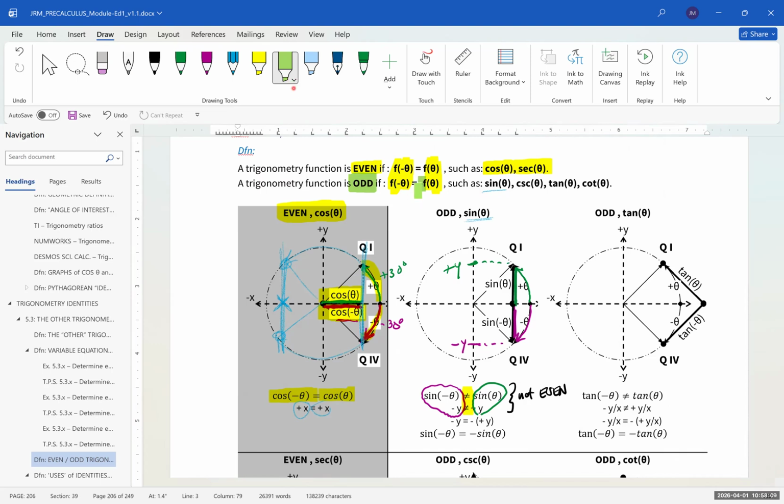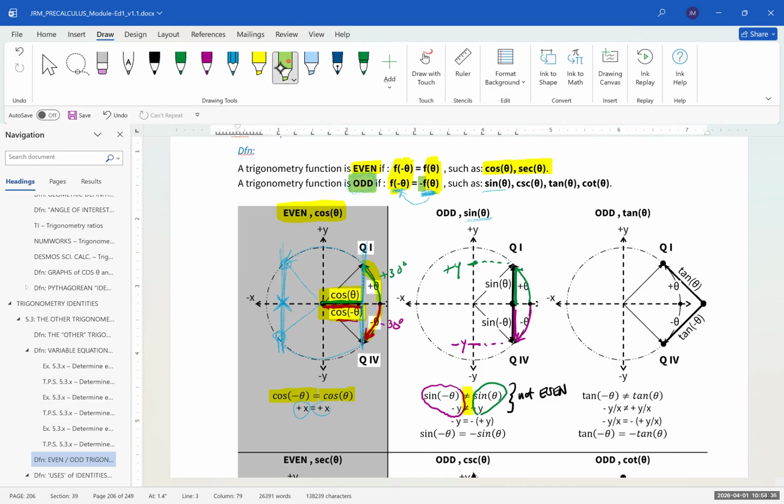If the negative of the output of a positive angle is equal to the output of the negative angle, then it's considered to be odd.